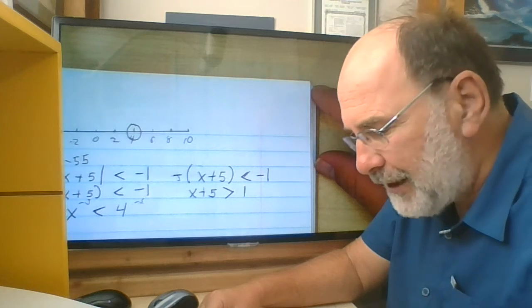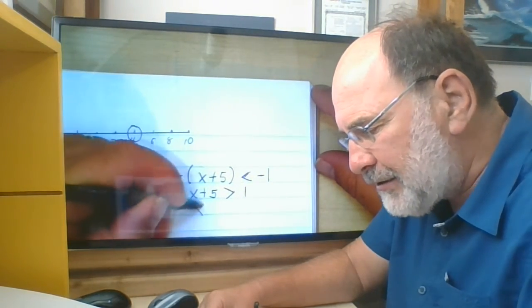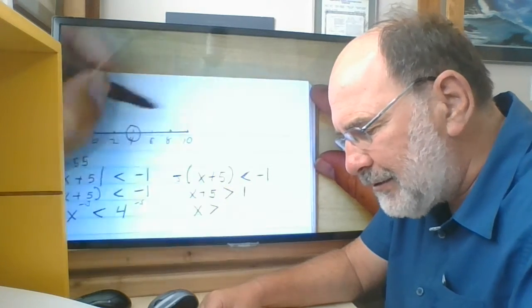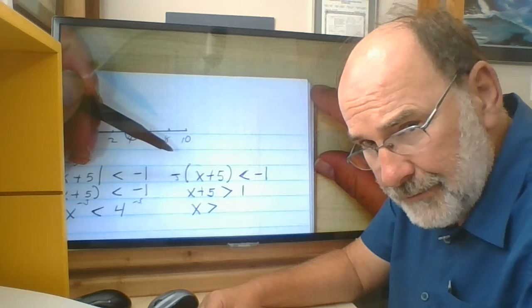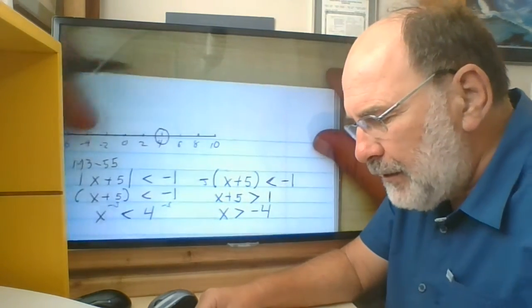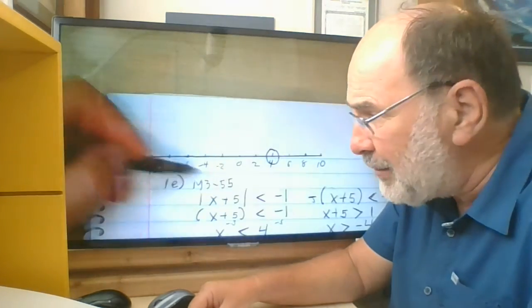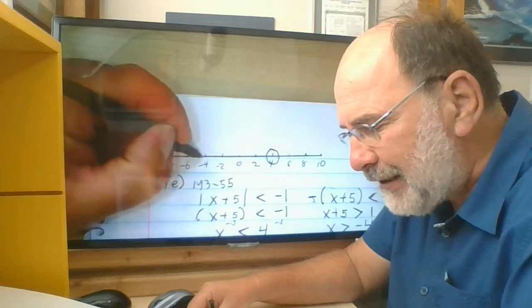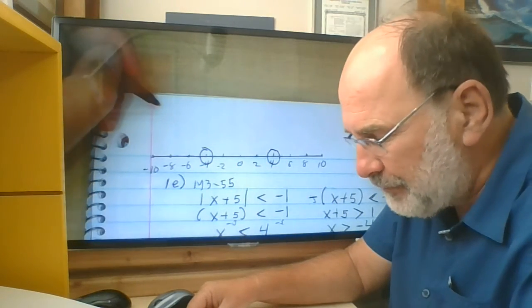Now we finish solving for x. I would subtract 5 from both sides. X is strictly greater than, quick, what is 1 minus 5? -4. Okay, good for you. So x is strictly greater than -4. So I go back to my one-dimensional number line, and I'm going to graph it now with an open circle at x equals -4.